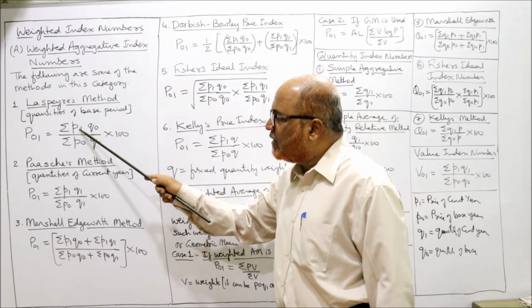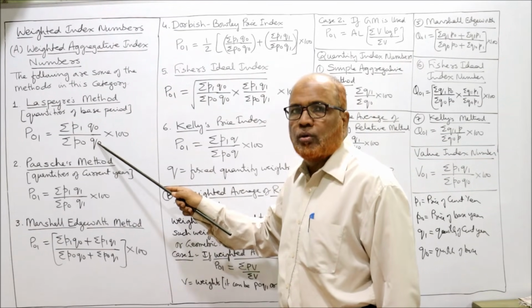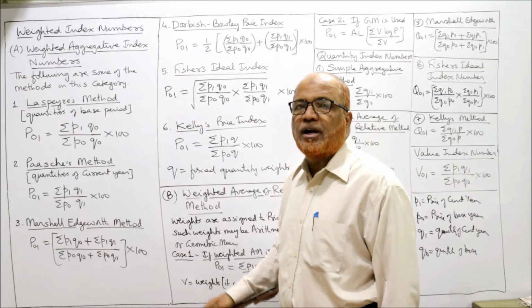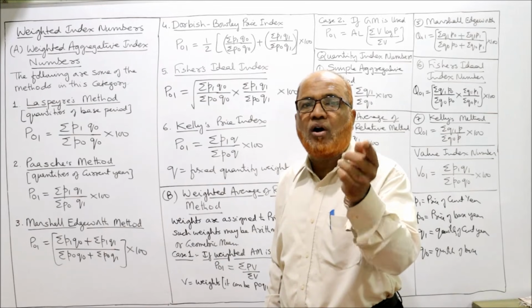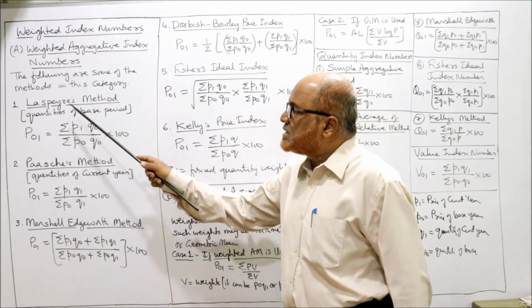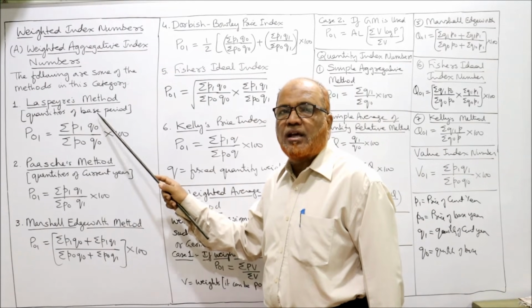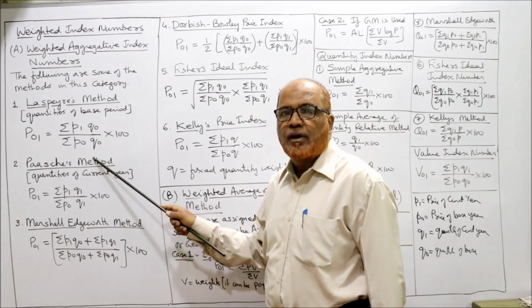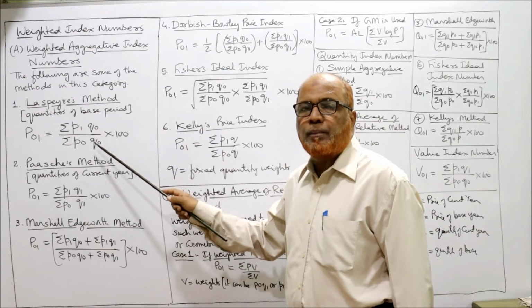तो पहले P1 by P0 ले लेंगे, उसके साथ मल्टीप्लाई करेंगे Q0 यानी न्यूमरेटर एंड डिनोमिनेटर में Q0 stands for quantity of base year. तो Laspeyres method क्या कर रहा है? Quantity of base year should be taken in the numerator and denominator. Numerator Q0, denominator Q0. तो इसको किससे मल्टीप्लाई करेंगे?